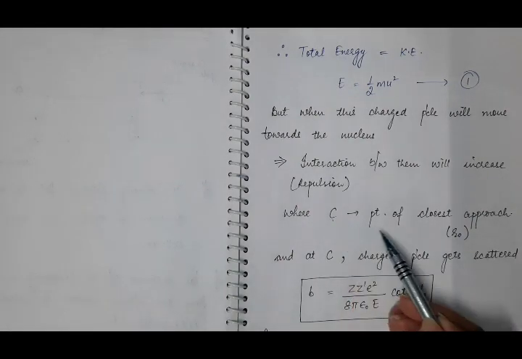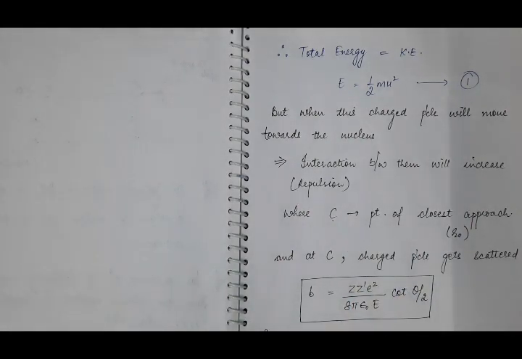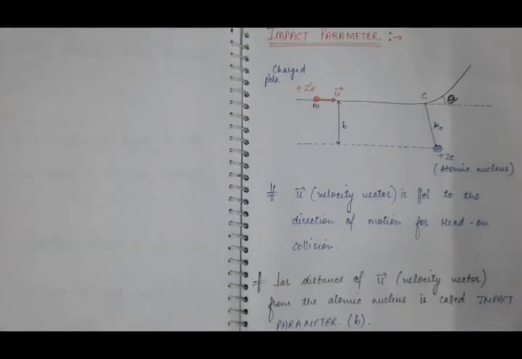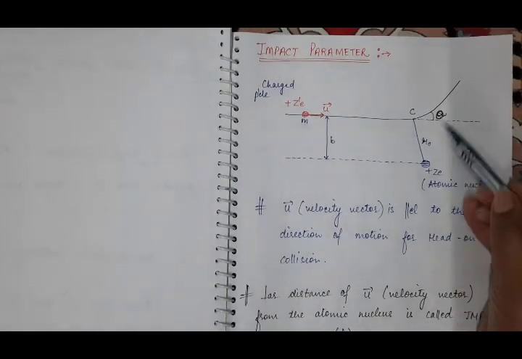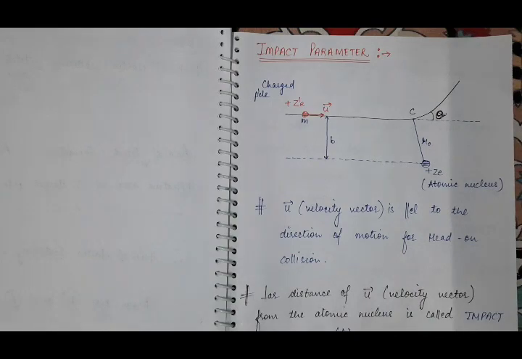That point is C. So C is the point of closest approach, which is at a distance r0 from the atomic nucleus. At this point, the charged particle is getting deflected by angle theta from its original direction. And what is this B? B is the impact parameter.